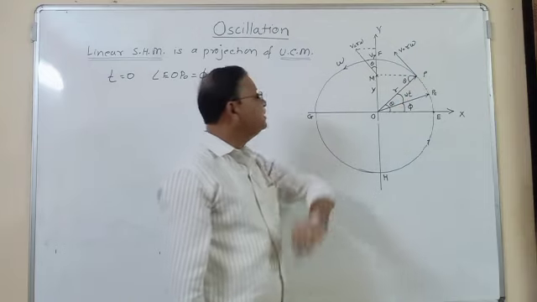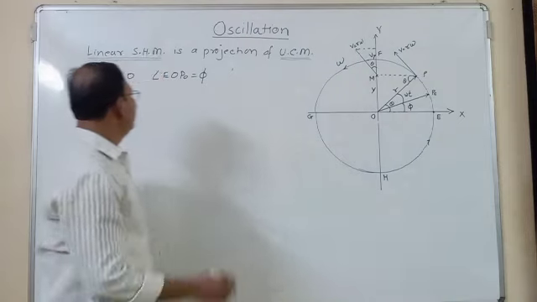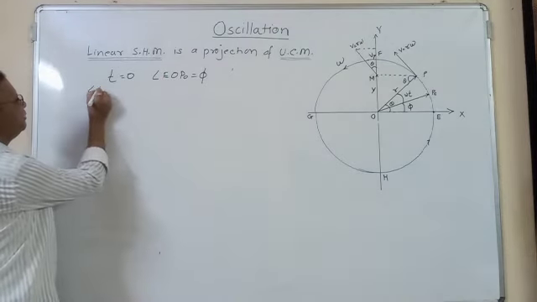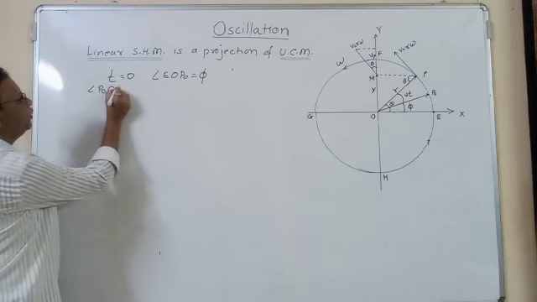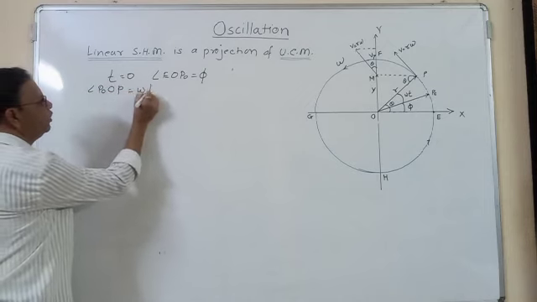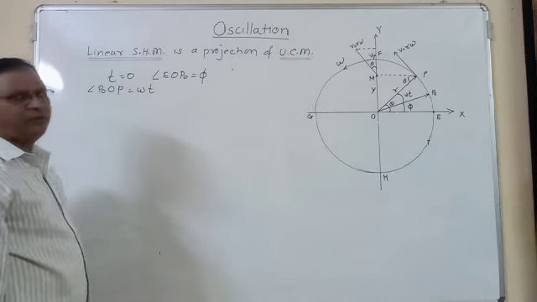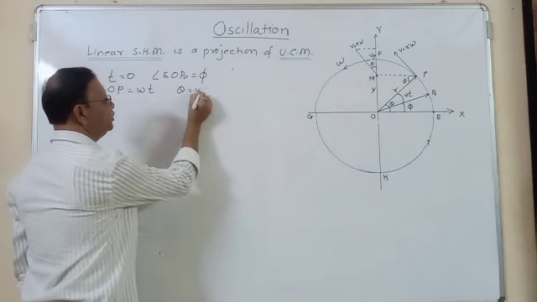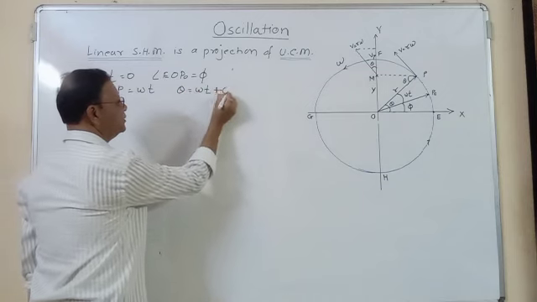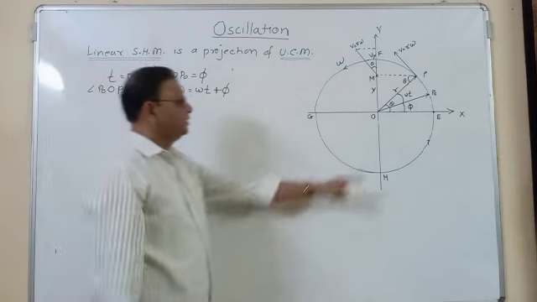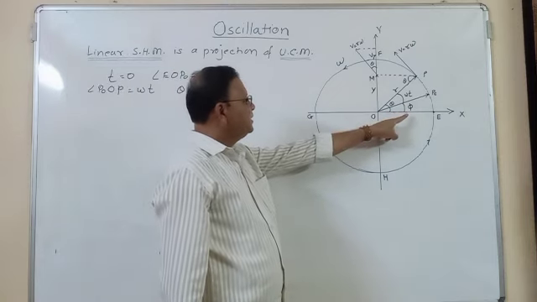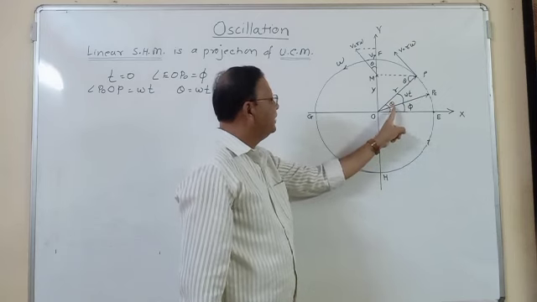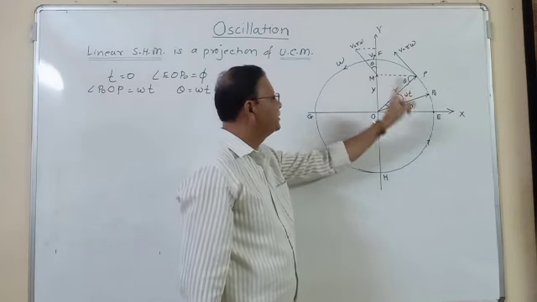As omega is the angular velocity, the angular displacement, that means angle P0OP, is equal to omega t, and therefore the total angular displacement theta is equal to omega t plus phi. So the total angular displacement, that is angle EOP, is theta, and theta is nothing but omega t plus phi.